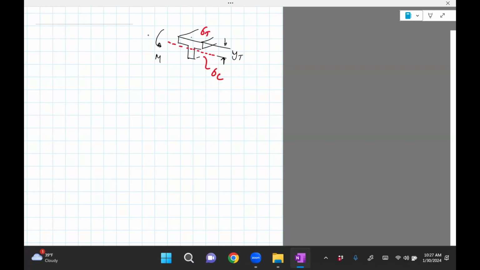So YT here is, I think it's 20 plus 2, 22, because of that neutral axis slightly below. And YC is, I think, 40 minus 2, so it's 38.